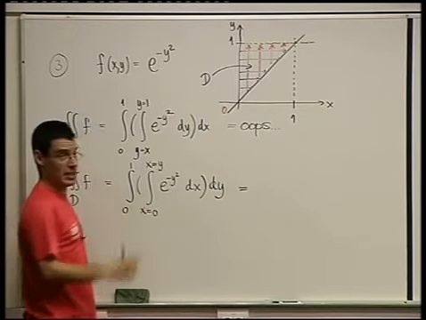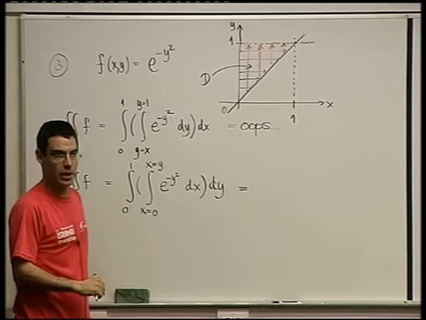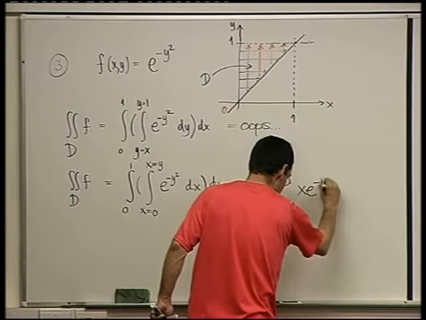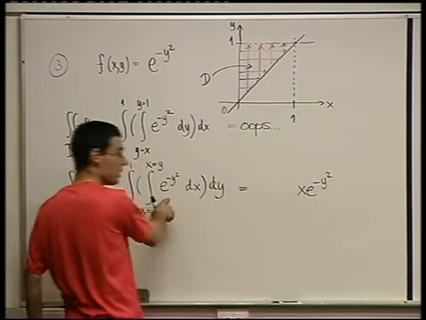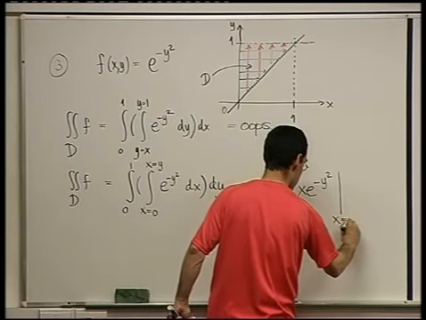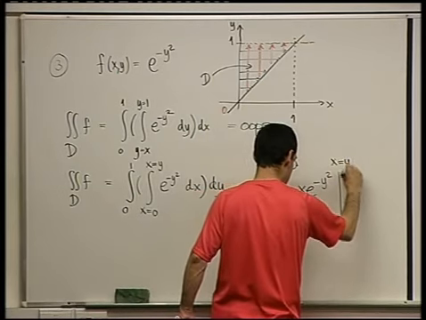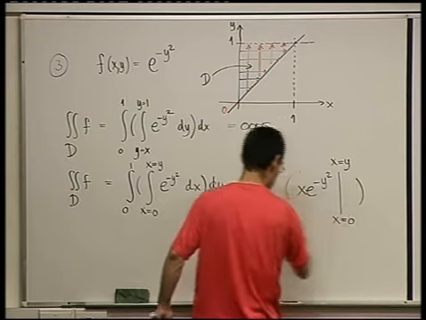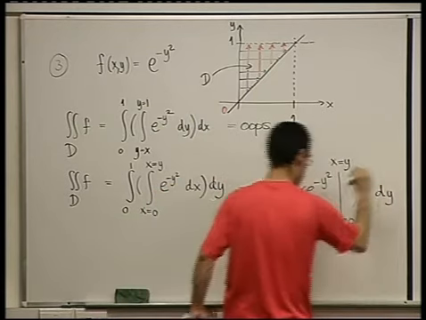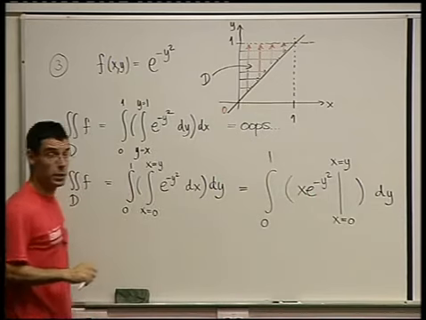The antiderivative of 15 is 15x. The antiderivative of this is x e to the minus y squared. Do you agree? Evaluated between x equals 0 and x equals y, and all of this integral between 0 and 1 dy. Do you agree?